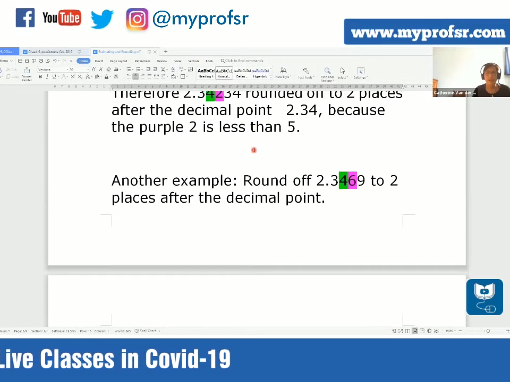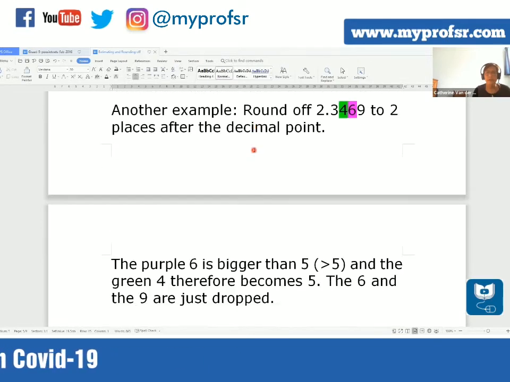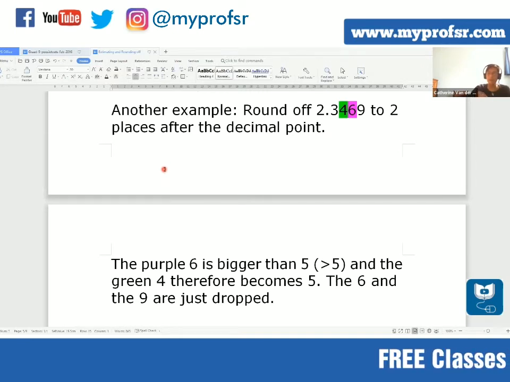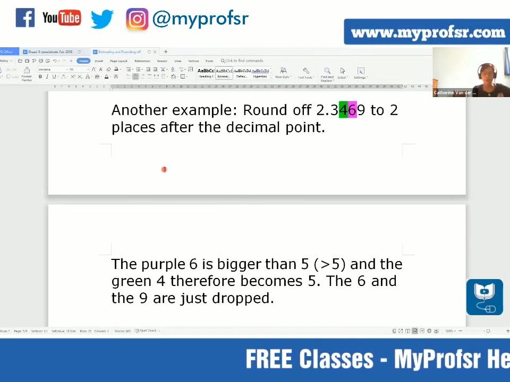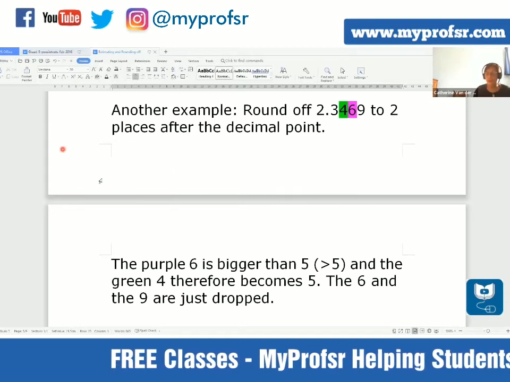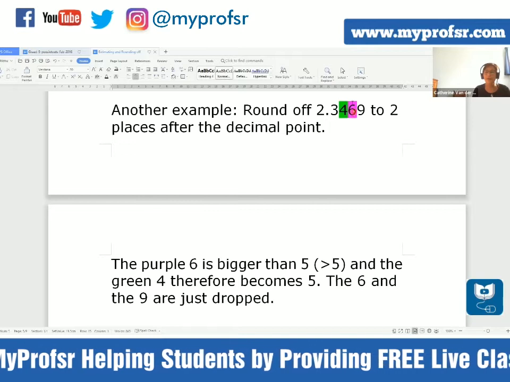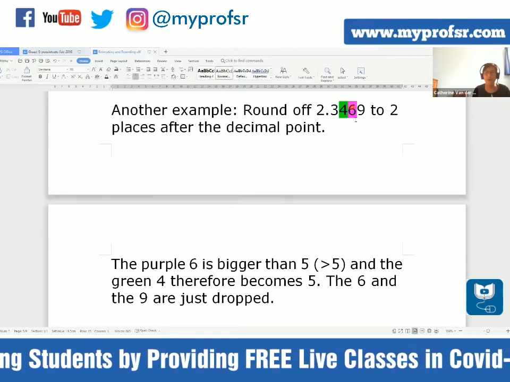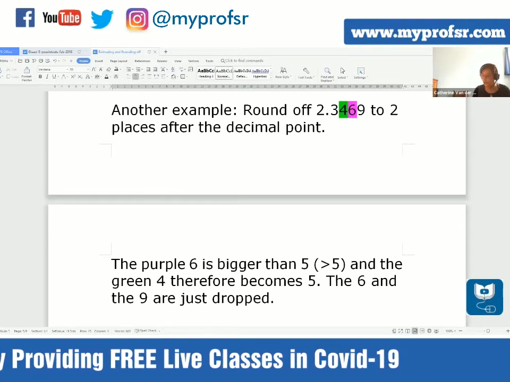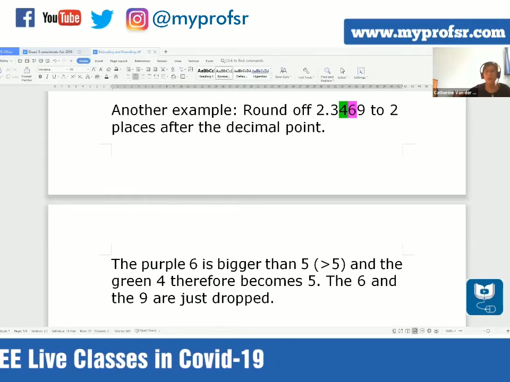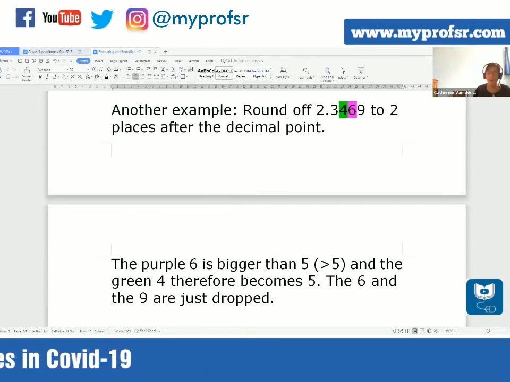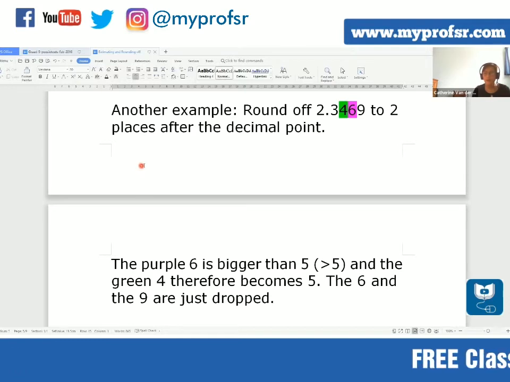So now we have another example. It's the same number, sort of, but you can see that the number in the thousands placeholder has changed. So what do we have to do now?